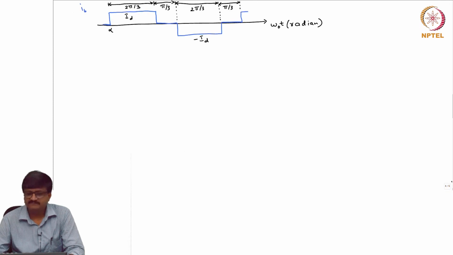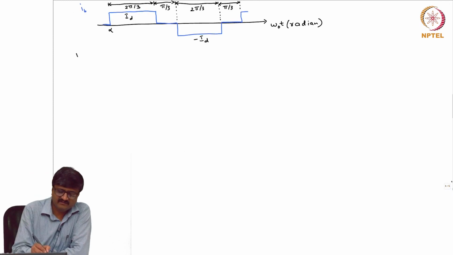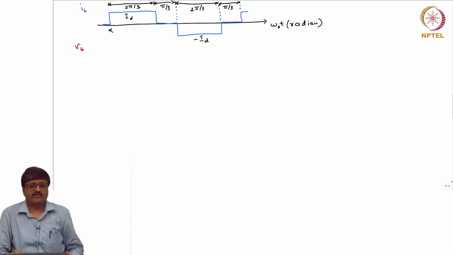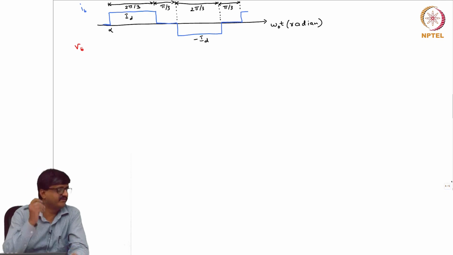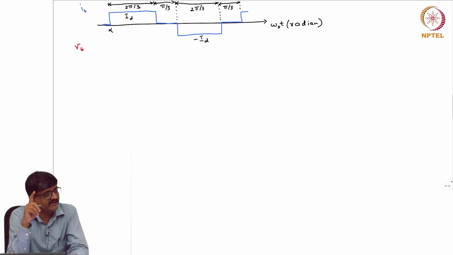So, suppose I want VB. How will VB vary from alpha to alpha plus 120 degrees? It increases linearly, it is a ramp. Then from alpha plus 120 to alpha plus 180, it is constant. Then when IB is minus ID, negative, it decreases linearly.